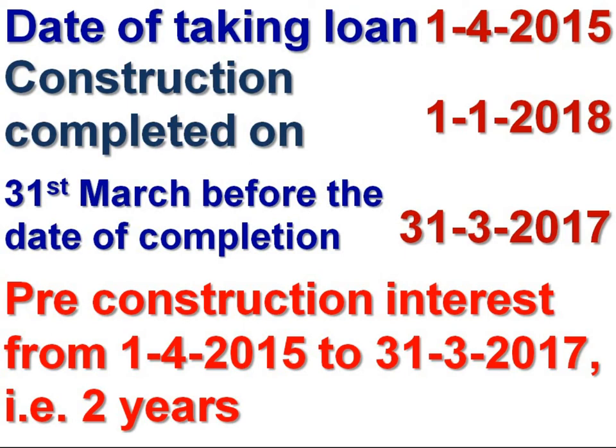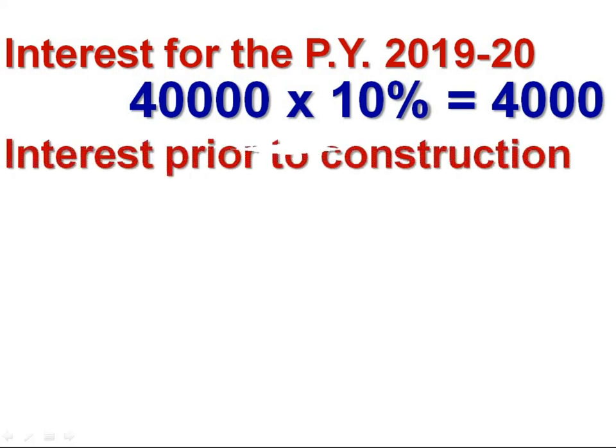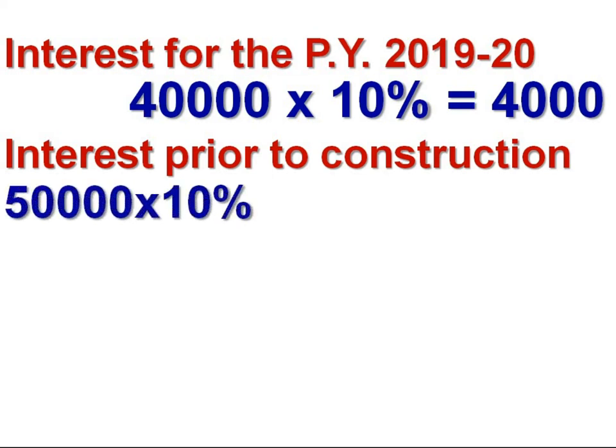That is for 2 years. Now we can compute interest on loan. First, we had computed interest for the previous year, rupees 4,000. Then interest prior to construction. Amount of loan 50,000, 50,000 into rate of interest 10% into 2, that is for 2 years.